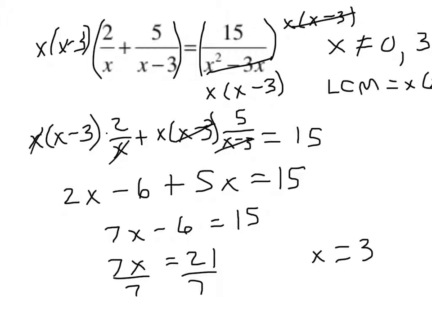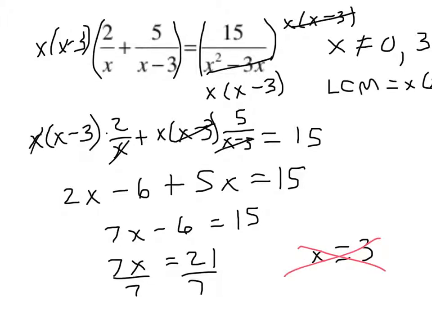X equals 3. Uh-oh. We started off this problem by saying x can't be 0, x can't be 3. That's just not allowed. 3 causes division by 0. We can't have division by 0. It's undefined. So even though we got this answer and even though we did everything right, it is extraneous.